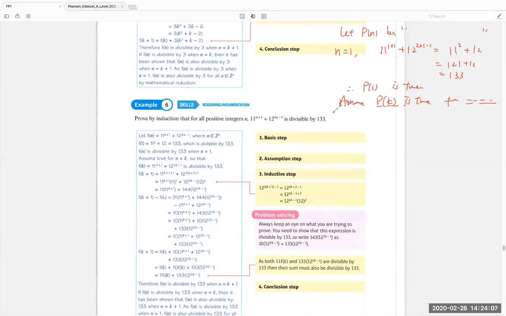And then you need to add one small step. You just write down what Pk is: 11 to the power k plus 1, plus 12 to the power 2k minus 1, equal to 133m. The next part is the most difficult part I can think of.